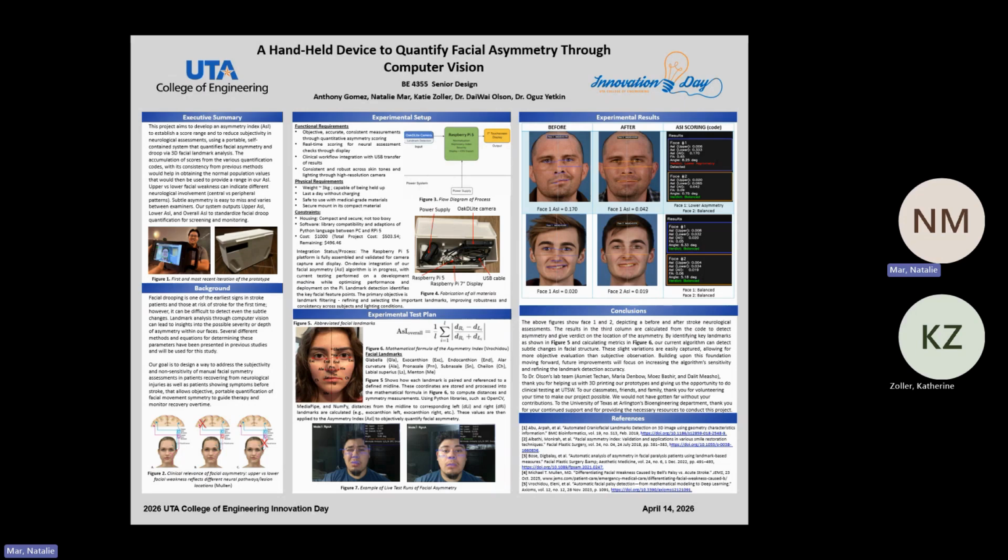The way that we're doing that is to help guide therapy or monitor recovery over time of people with this specific issue. Our project aims to develop an asymmetry index to establish a score range using a portable self-contained system that quantifies facial asymmetry and droop.